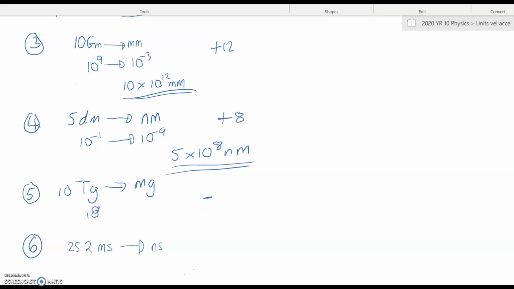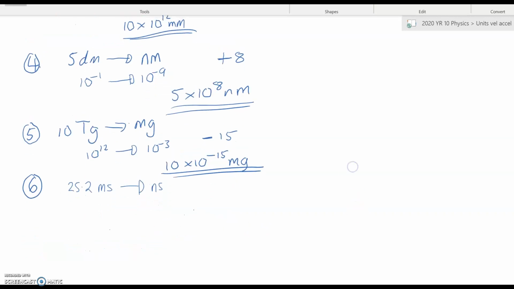That's 10 to the power of 12 for tera, going to milli, which is 10 to the minus 3. So the exponential difference from 12 to negative 3 is going to be 15. Therefore, final answer is going to be 10 times 10 to the power of 15 milligrams.